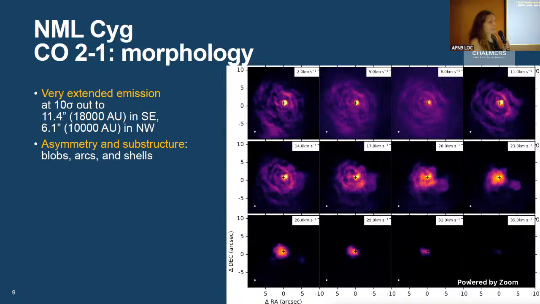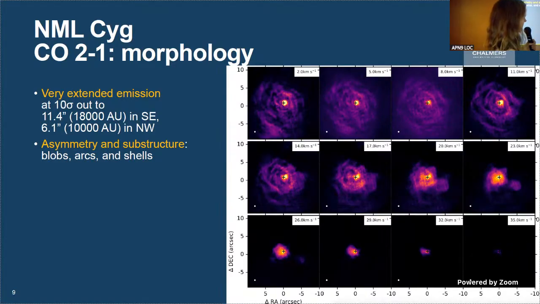So I said that we were actually looking for the mass loss on a large scale. So not only what we trace in the dust, but the main goal was to look at the CO. That's what you see here. These are some channel maps. This is the systemic velocity.